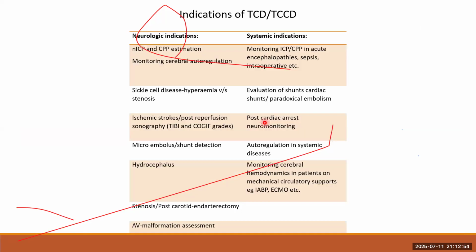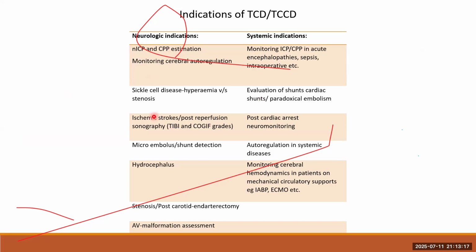So with such waveform analysis, depth and pulsatility indices, what are the indications? Or where do we specifically do it? There can be neurological indications or systemic indications. Neurological indications being the non-invasive ICP and CPP estimation. We did see the Behrens and the Czosnyka formula.